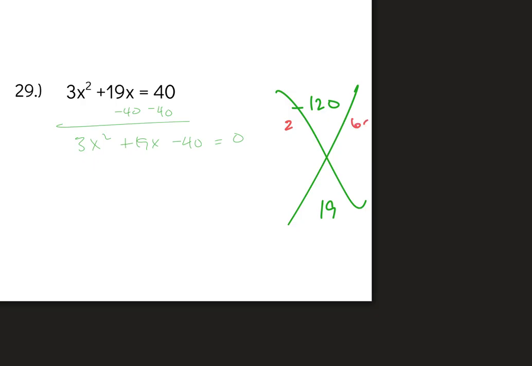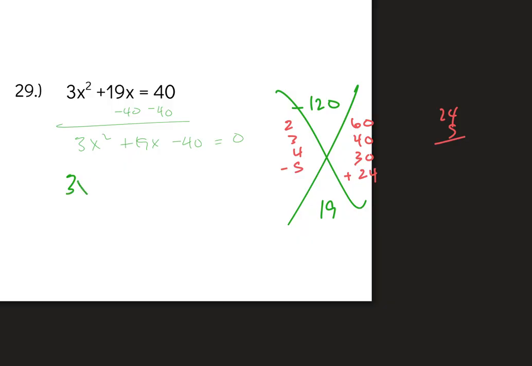There's 2 and 60, 3 and 40, 4 and 30, 5 and, oh gosh, I can't think, 24? Hang on, is that 24 times 5? That's 20 plus 100, that's 120.